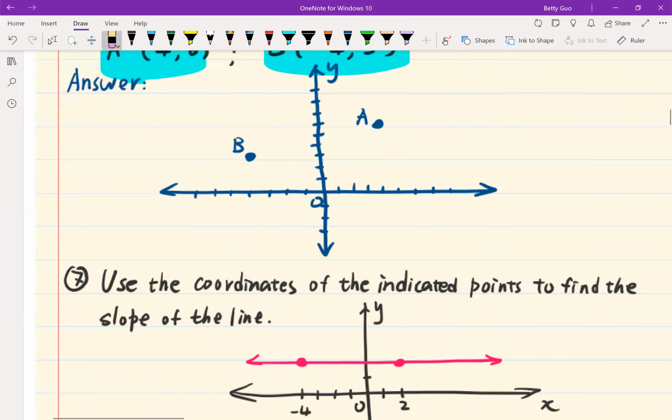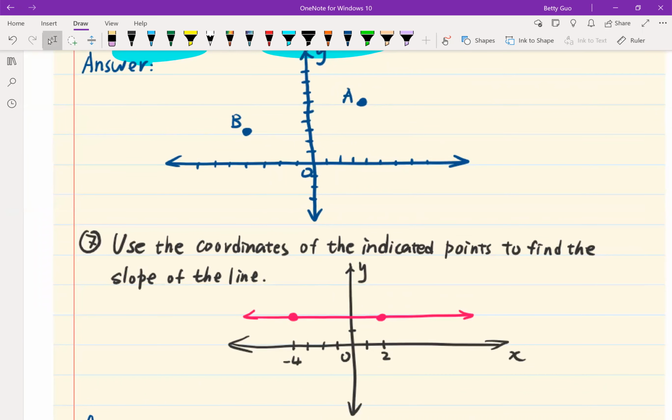Number 7. Use the coordinates of the indicated points to find the slope of the line. So number 7, you need to find the slope of the given line, and the given line is very special. What kind of straight line is it? Oblique, horizontal, or vertical? Horizontal, okay.